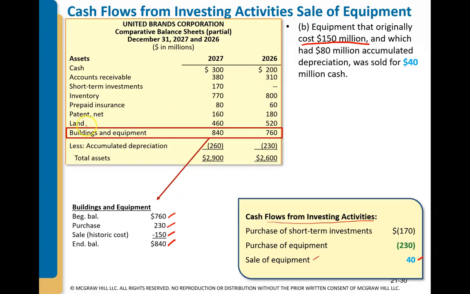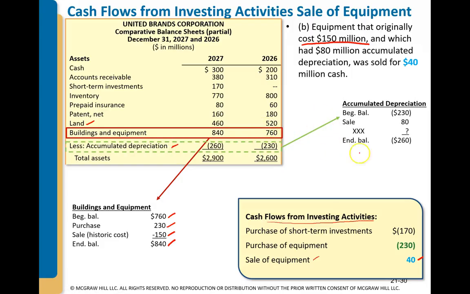I still have other long-term assets that I have to make sure I've accounted for. I have land and accumulated depreciation. You cannot forget accumulated depreciation. Let's roll forward our accumulated depreciation. We started with a credit balance of $230. We sold this equipment and we're told that it had $80 of accumulated depreciation.